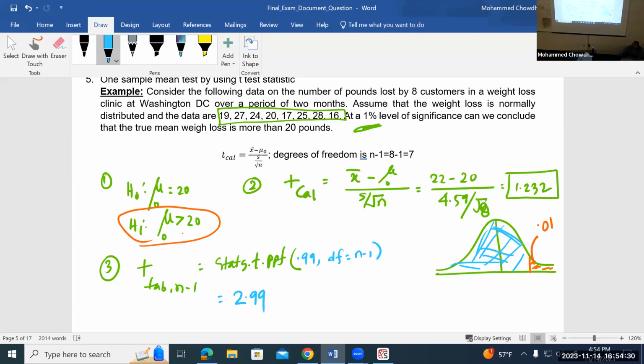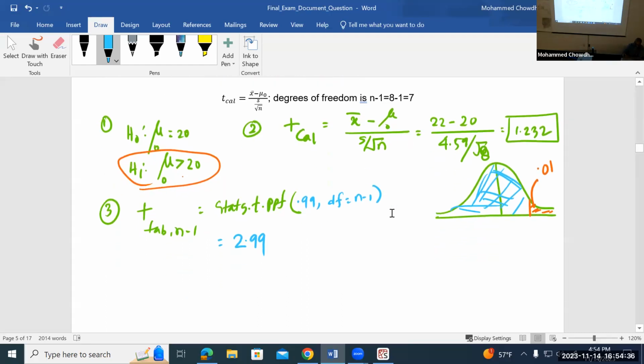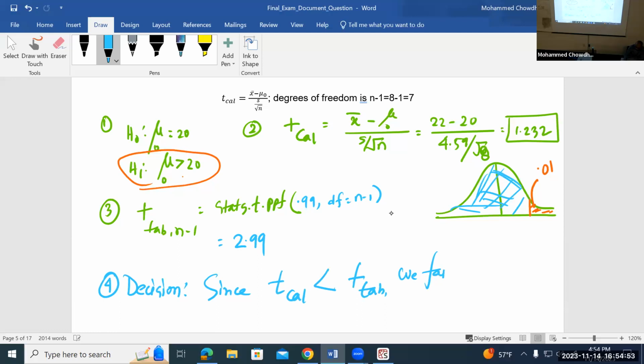Can any one of you tell me? Calculated value less than table value. For the decision: since T cal is less than T tab, we fail to reject H0.